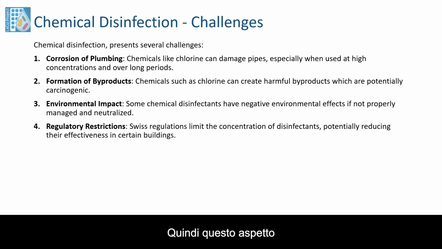So this needs to be taken into consideration. So a lot of those methods don't act only on the biofilm, but also on the whole system. There is a formation of byproducts. So when we disinfect the system, there is not only one chemical that we give in, but there can also come harmful byproducts. They may be even more harmful than the chemical that we originally put in.